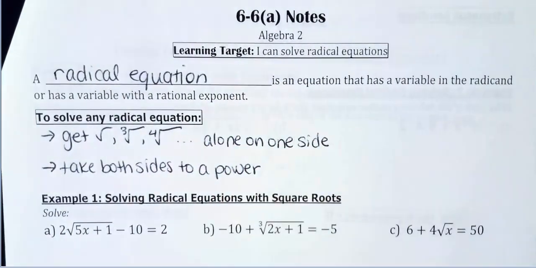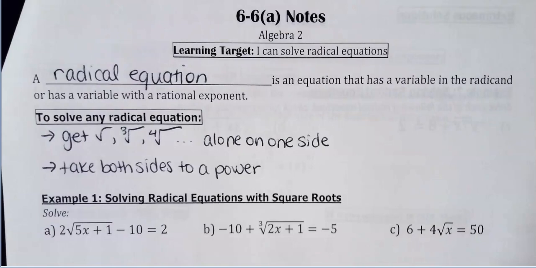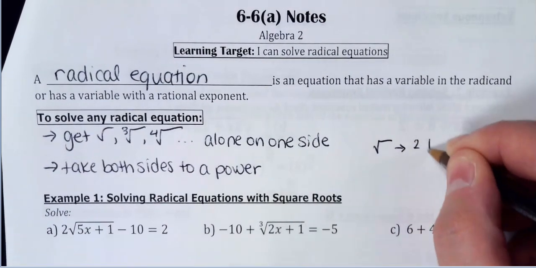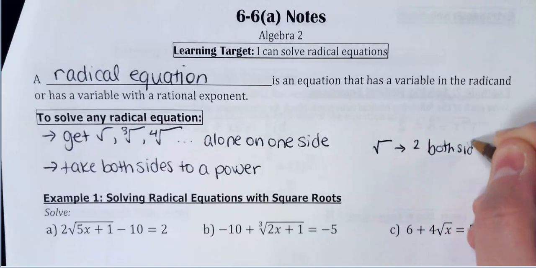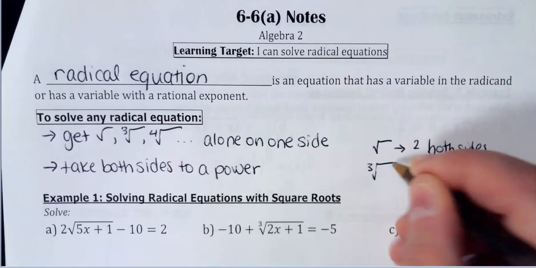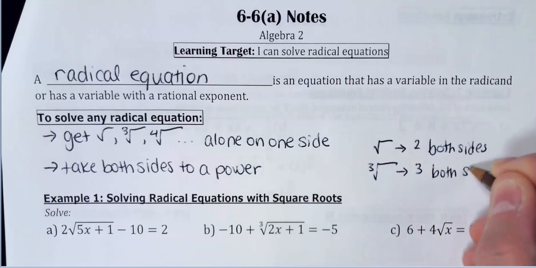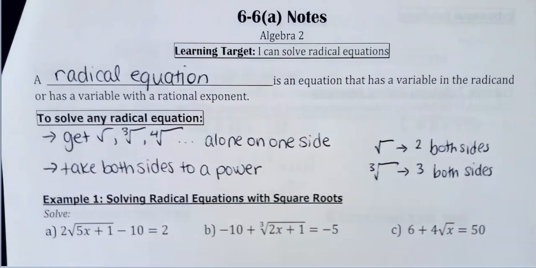I just wrote it like a general statement there: take both sides to a power. If you are working with a square root, you are going to square both sides. If you are working with a cube root, you're going to take both sides to the third power. A lot of times that's just a number.